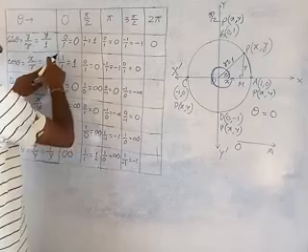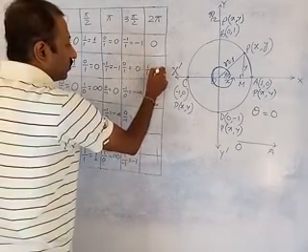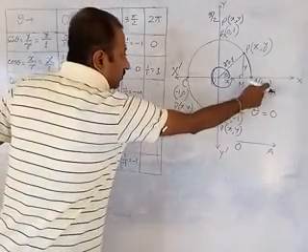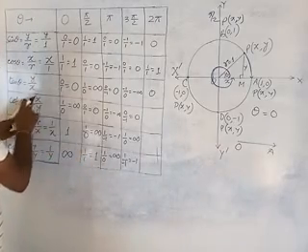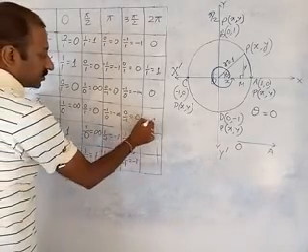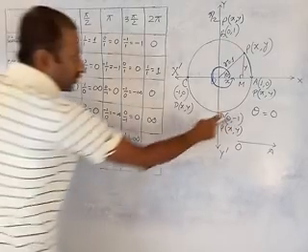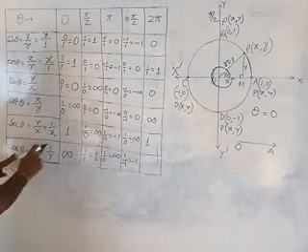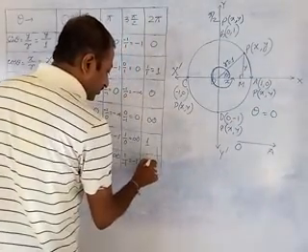Then x by 1, x is what? 1. 1 by 1 equal to 1. Then y by x, 0 by 1 means 0. Cot is x by y, it is infinity. Sec is 1 by x, 1 by 1, it is 1. And cosec is 1 by y, y is 0, it is infinity.